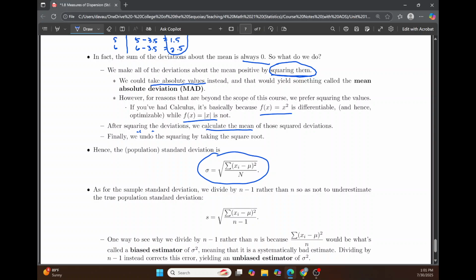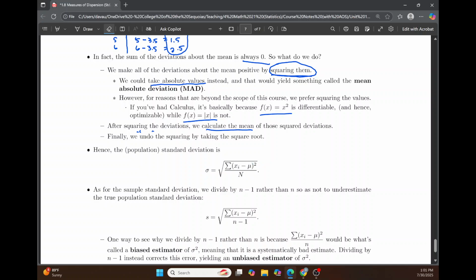We compute the individual deviations about the mean. We square them to make them positive. And then we find the average of those squared values by adding them up and then dividing by the number of values. And then finally, we undo the squaring by taking the square root at the end. So that's how we get to the formula for the population standard deviation.